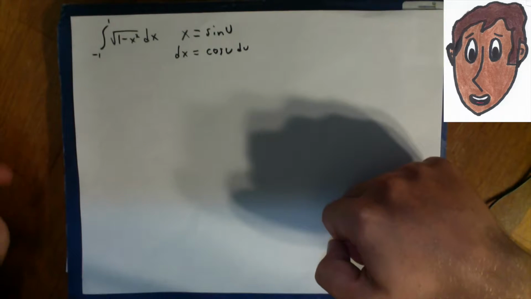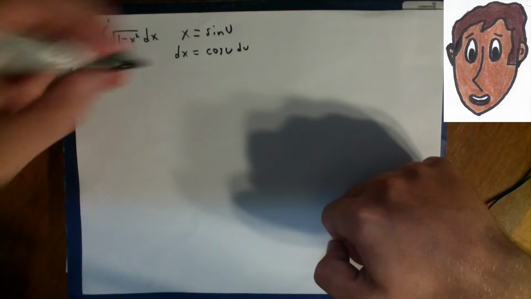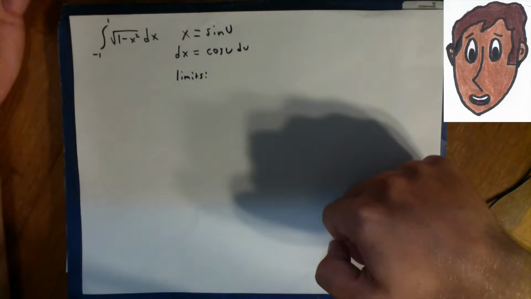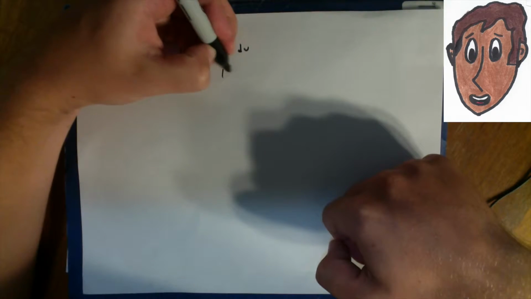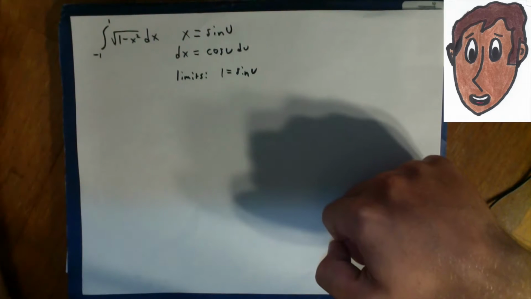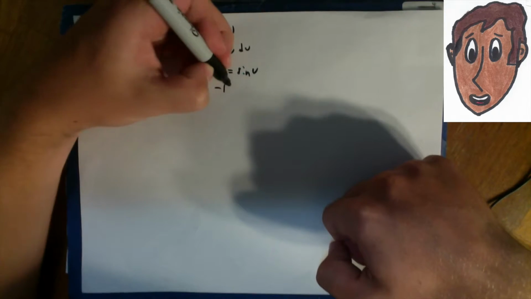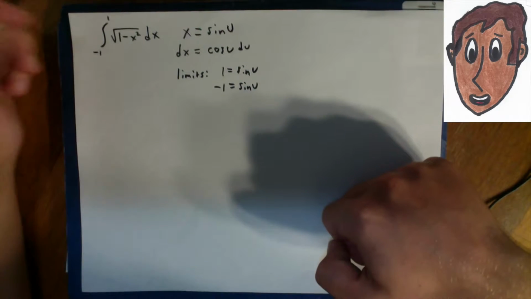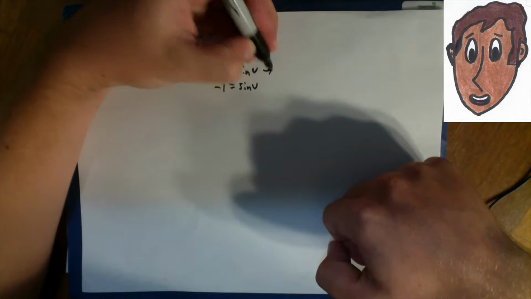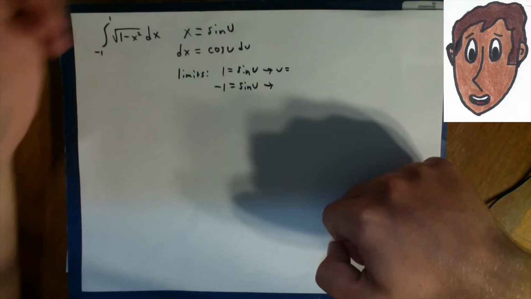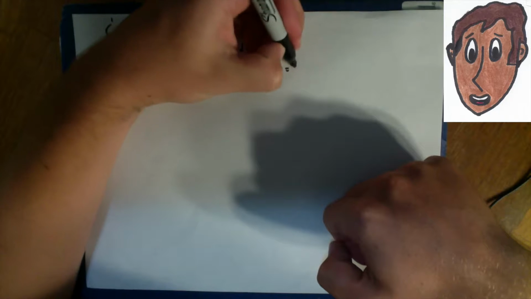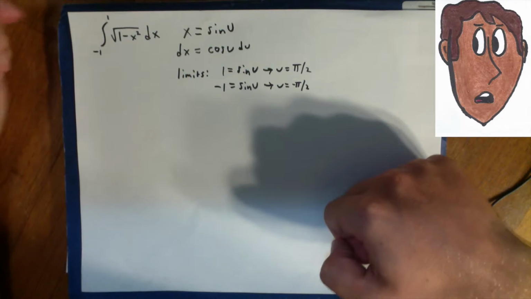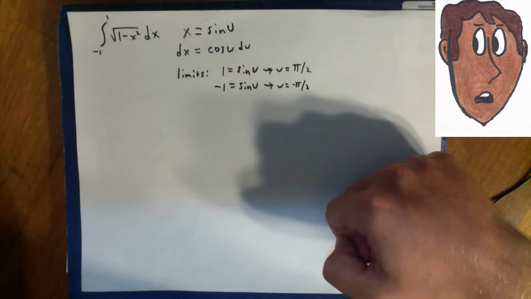And we can't forget limits. For the upper bound we have 1 equals sine u, and for the lower bound -1 equals sine u. So we take inverse sine of 1 and -1, and that tells us u equals pi over 2 and u equals -pi/2. Now we plug everything back into our original integral.